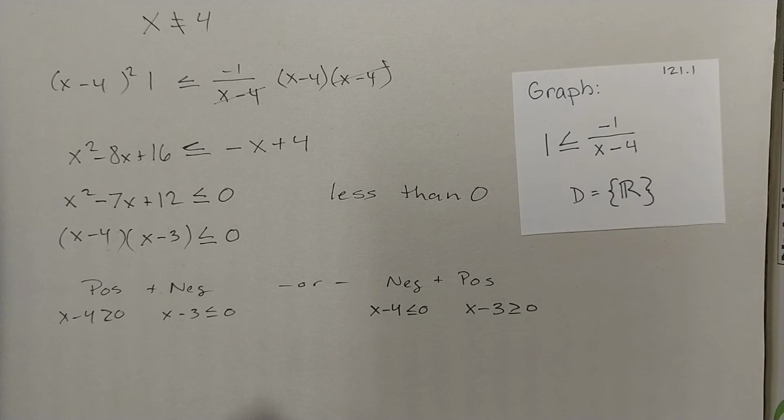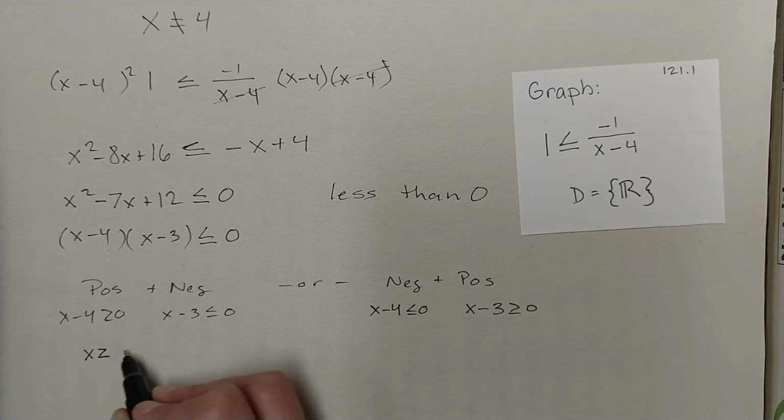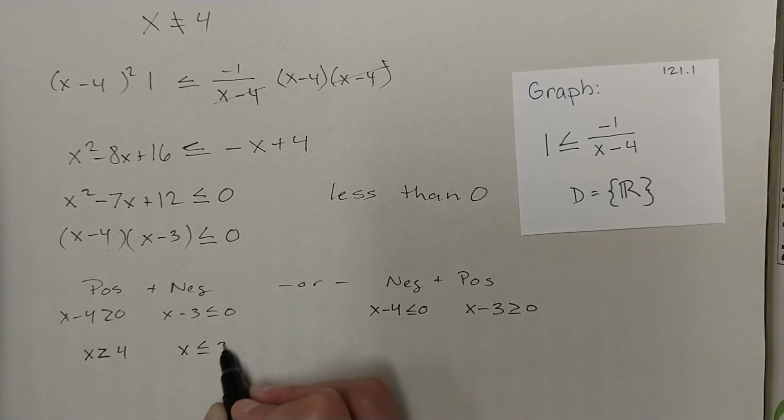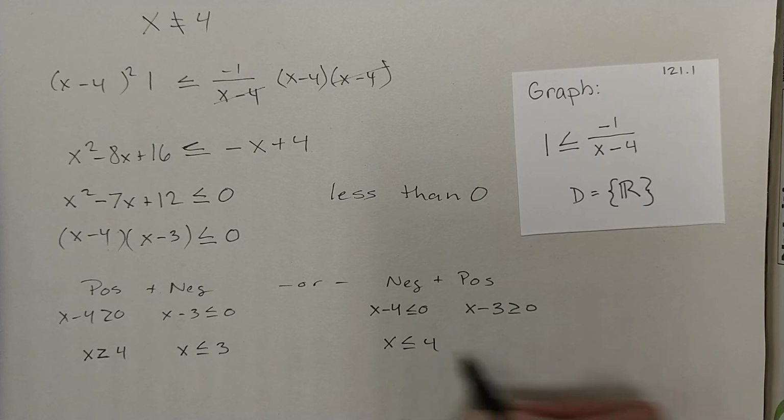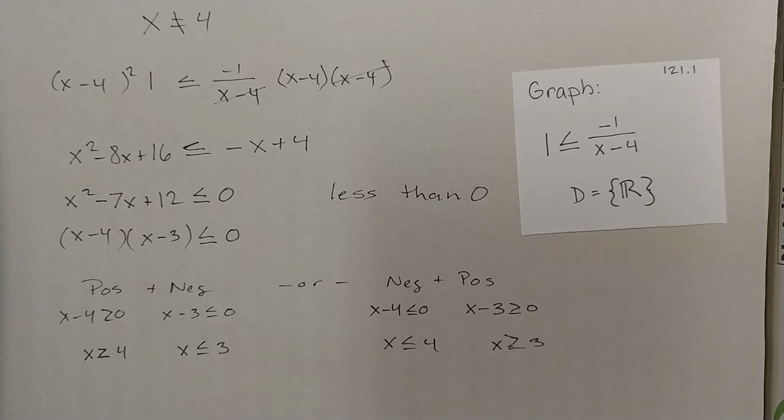Let's simplify all of these inequalities. We need to check if there's a number that is both greater than or equal to 4 and less than or equal to 3. There is no number that satisfies both of those, so this is not possible. Let's look at this one, less than or equal to 4 and greater than or equal to 3. That one is possible.